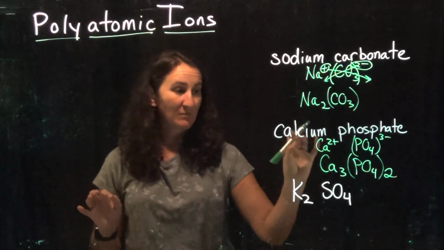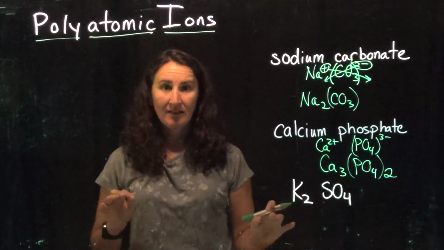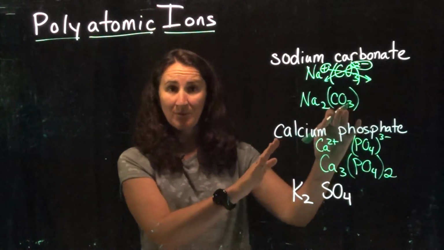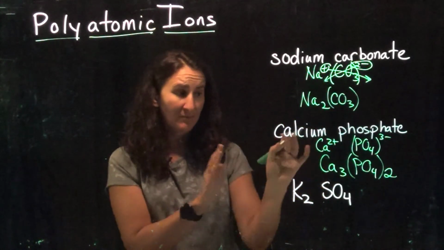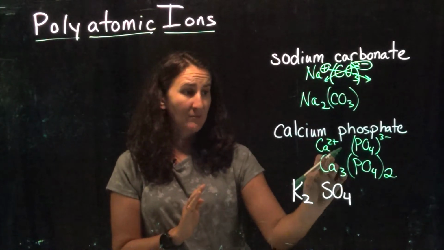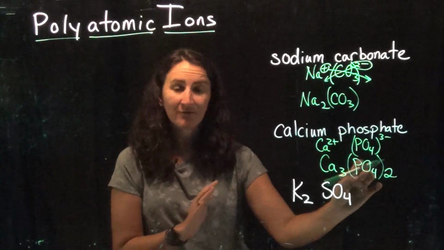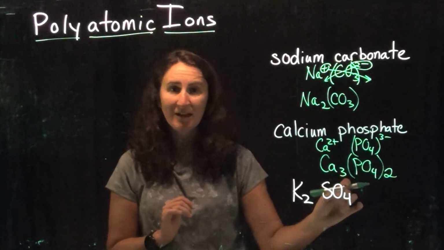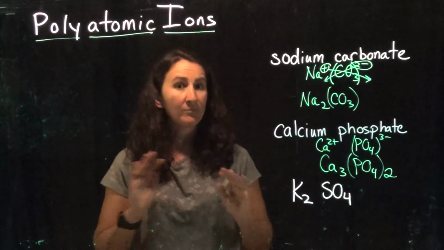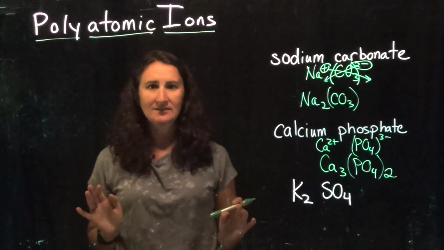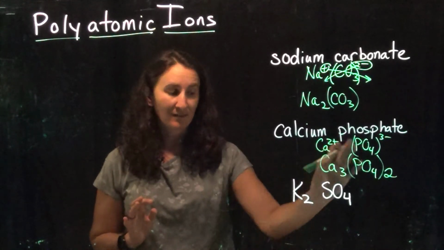But you have to make sure, keep those parentheses, every single time if you want. This will help you keep it straight, because oftentimes I will see students put the 2 on the 4, and then this will either be like 42, or maybe they'll multiply them together, and now it's PO8, completely different compound. Doesn't even exist, I don't think. So don't do that, keep your parentheses.